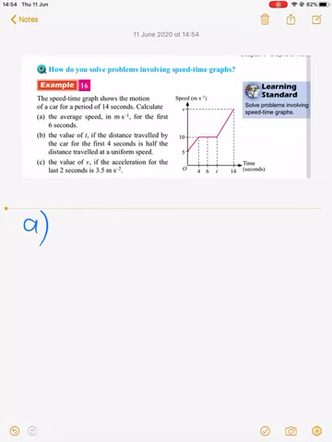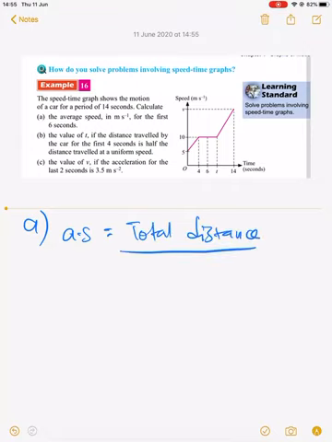Average speed. The formula for average speed equals the total distance over time taken. The total distance is the area under the graph.